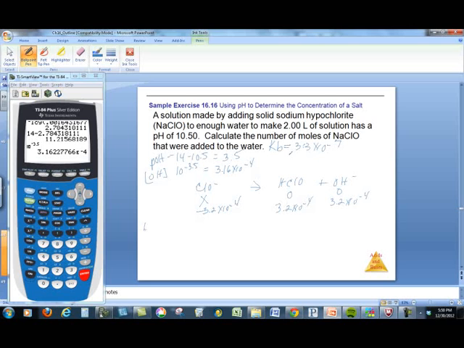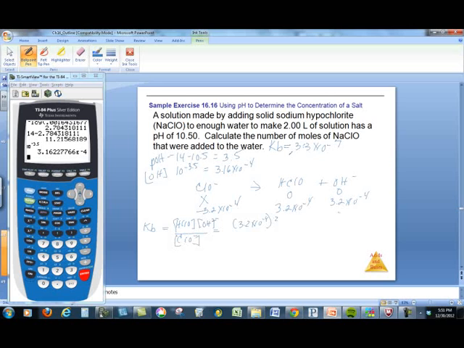So my KB is going to be my HClO concentration times my OH concentration over my ClO concentration, and that will be 3.2 times 10 to the minus 4 squared, right?